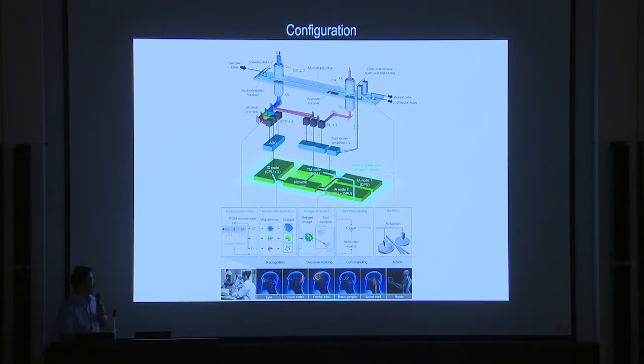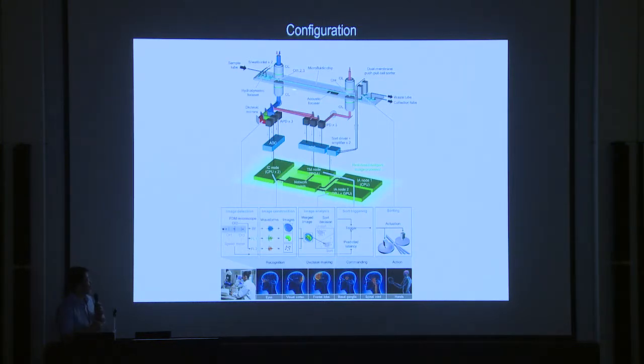So in real time, we process the image, reconstruct, and then analyze. And the decision signal is sent to this dual membrane push-pull cell sorter to activate the cell sorting module when the target cell comes.